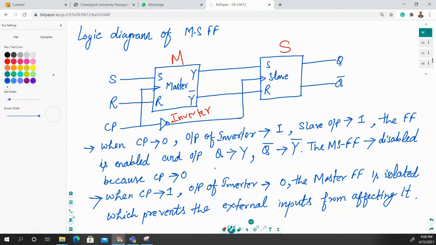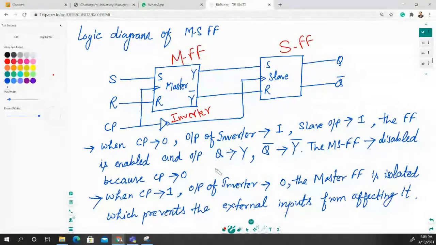You have to use the master flip flop, the slave type of flip flop, and one inverter. So this input is given to each flip flop.